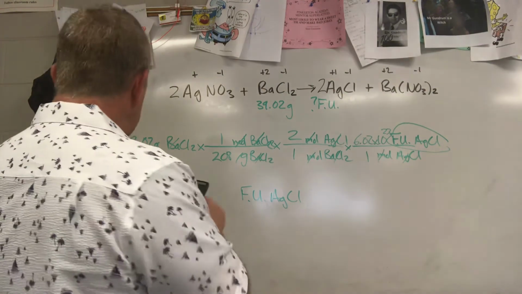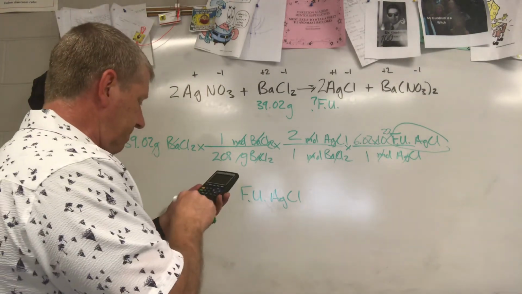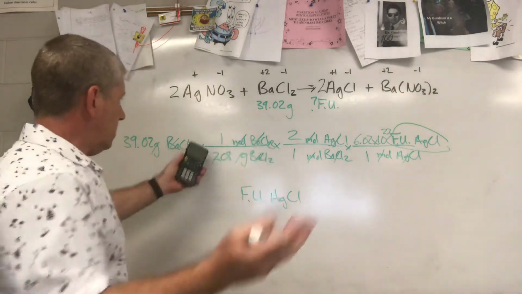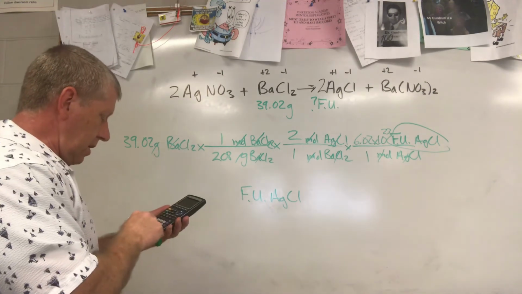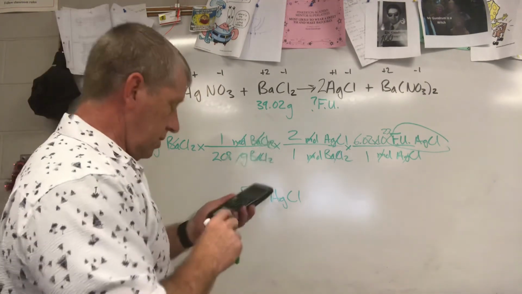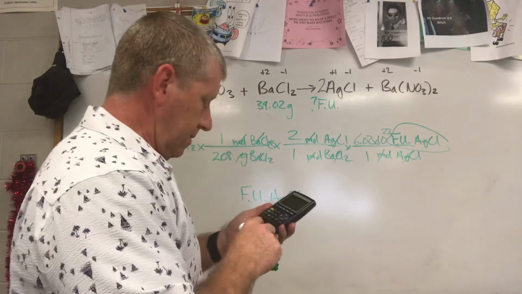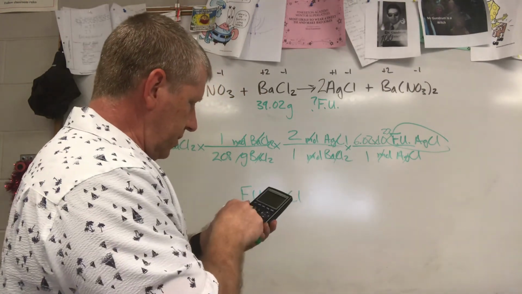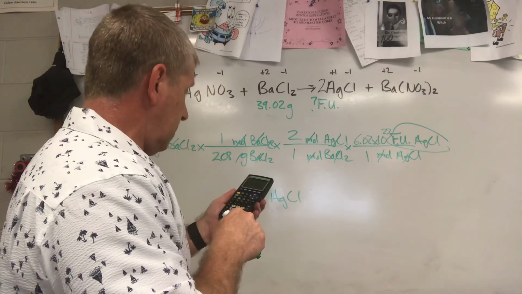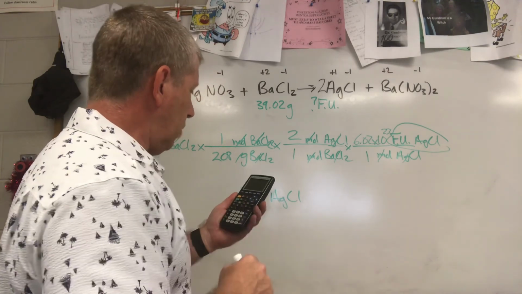Clear. 39.02, times 1 doesn't do anything, divided by 208, enter, times 2, enter, times 6.02, second function, exponent 23. Boom.